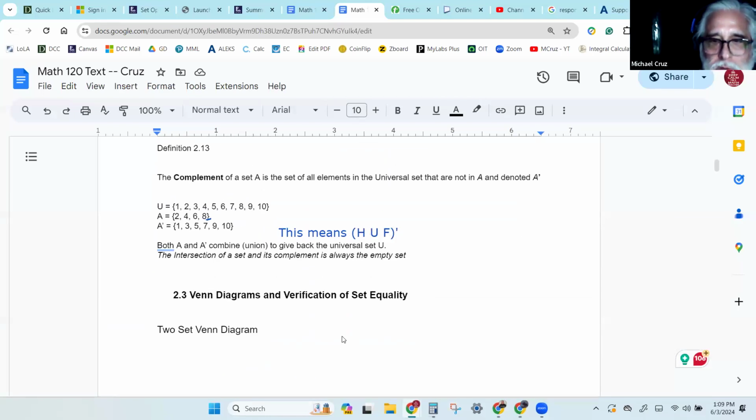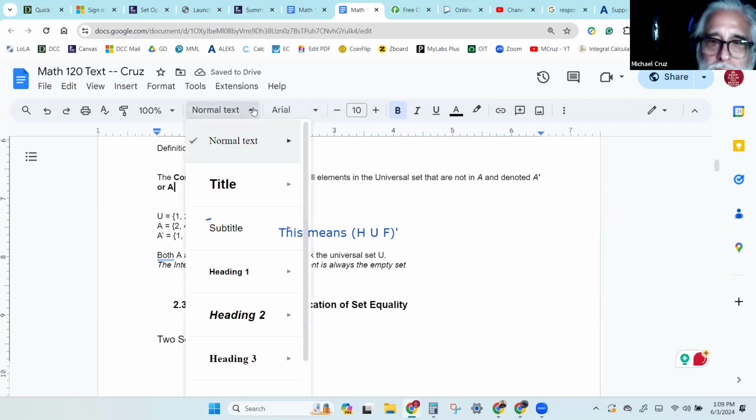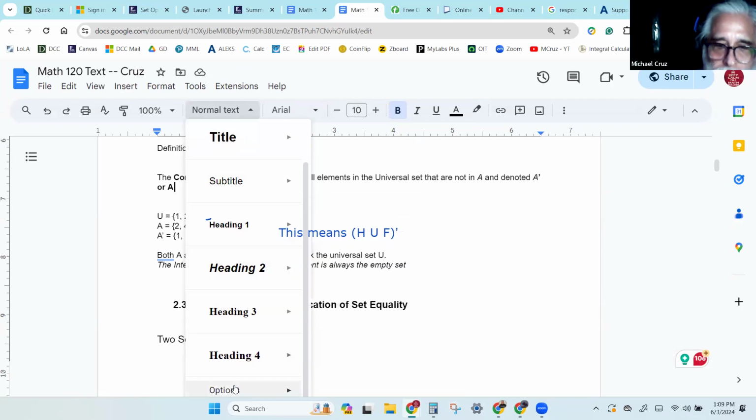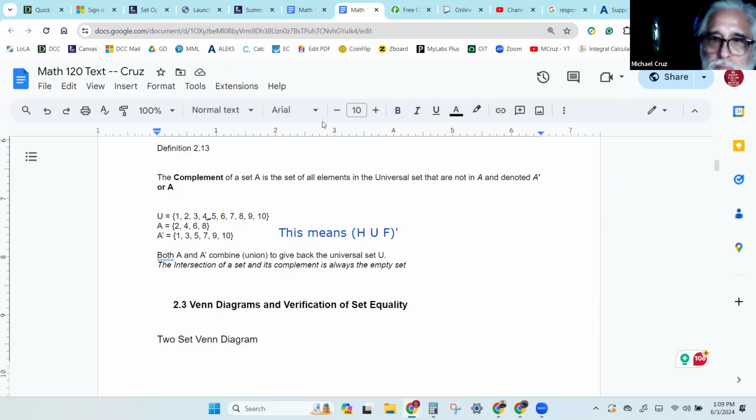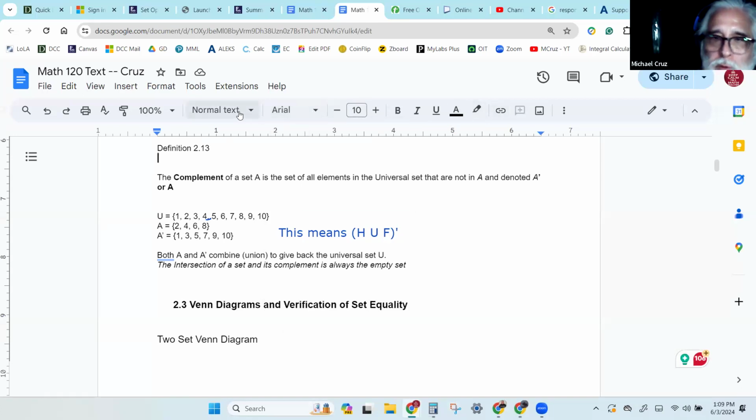Oh, there it is. There's a way to put a little thing in there.